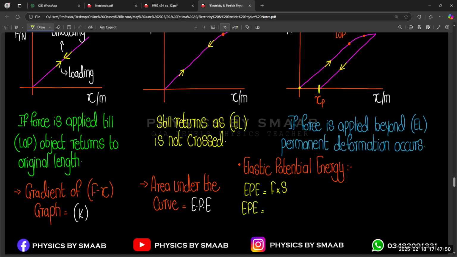But we consider the average force, like initially it is 0, finally it is maximum, divided by 2, multiplied by s, that is equal to extension. So elastic potential energy will be equal to 1 over 2 Fx.